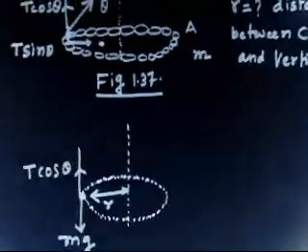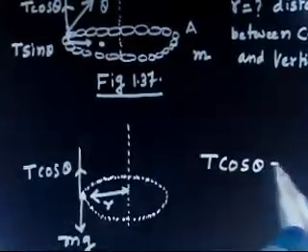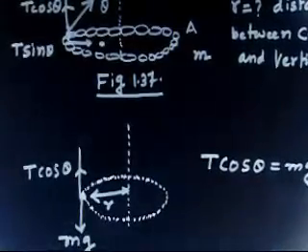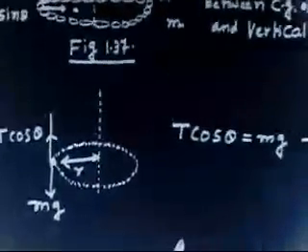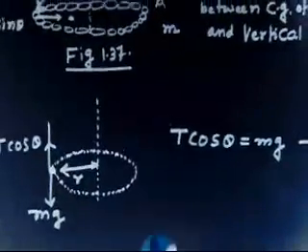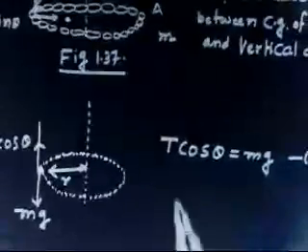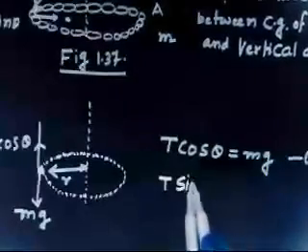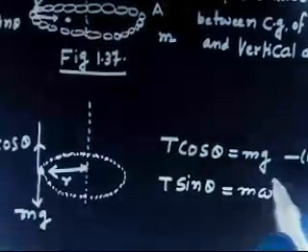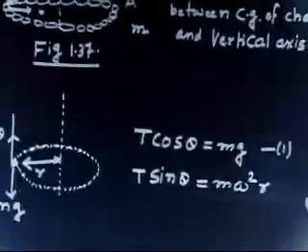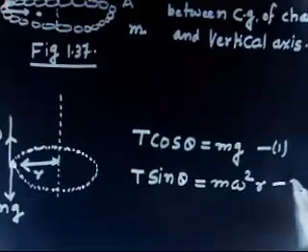So vertical equation I can write: T cos theta equals mg. So this is one equation we have. Now I can write another equation in the radial direction. So force in the radial direction is T sin theta. This should be equal to m omega square r, where r is the radius of the circle in which center of gravity is moving.